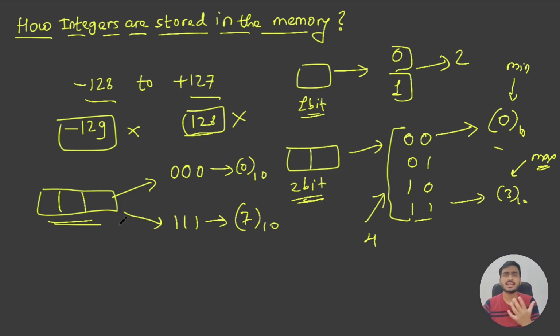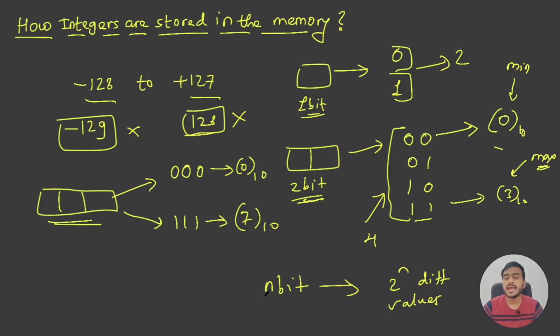In a 1 bit variable we can store 2 different values, and in a 2 bit variable we can store 4 different values. You can observe a pattern here. If we have a variable of n bit size, in general we can store 2 raised to n different values.